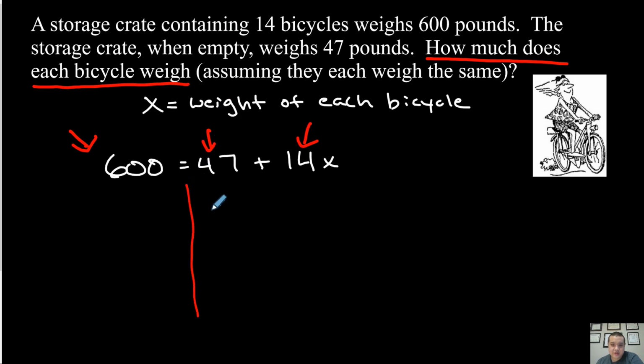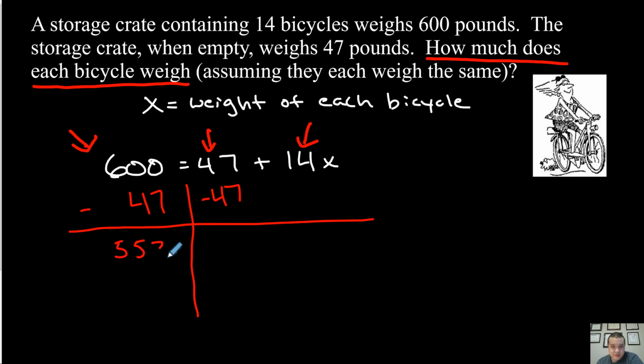So I'm going to subtract 47 from both sides. And what we get is 553 equals 14x. Then we're going to multiply both sides by 1 over 14, or divide by 14, however you think about it. x therefore equals 39.5.